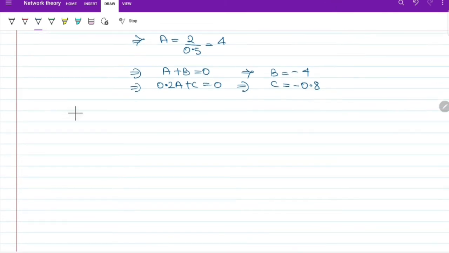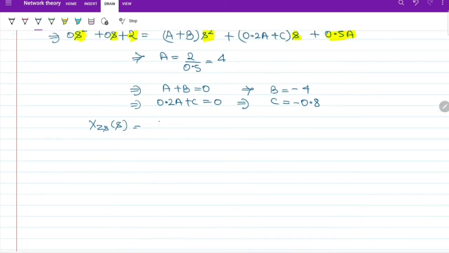Now if we put these values in this x of zs, the equation will be 4 by s minus 4s plus 0.8 divided by s square plus 0.2s plus 0.5.